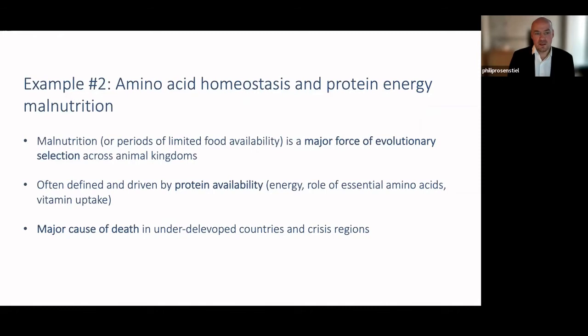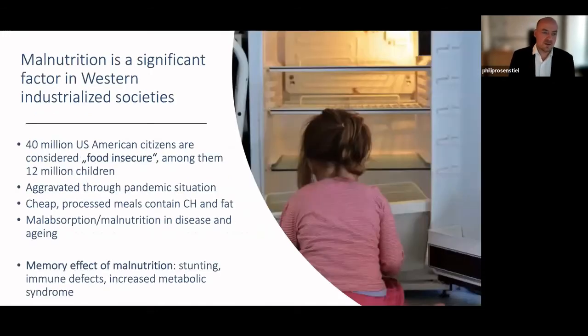But it's not only there. Specifically now, also with the COVID pandemic, if you go, for example, to the US, there is a social problem: 40 million US American citizens are officially considered food insecure, among them 12 million children. And of course, this is aggravated by the pandemic situation.